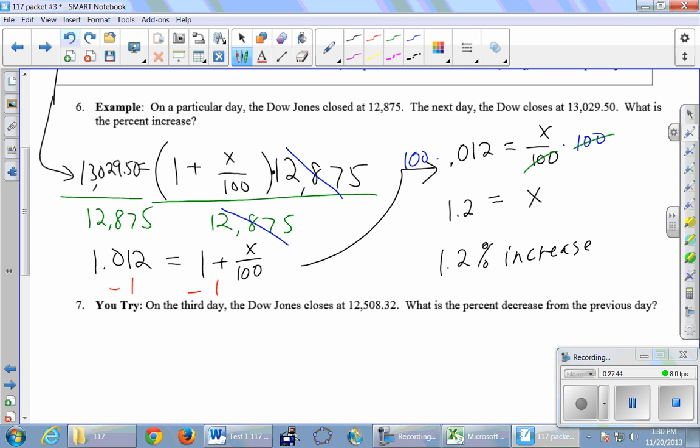So 1.2% isn't that big a deal, right? So was this a big change or not that big? How long did it take for this change to happen? 1 day. So I'll ask again, is this a big change or not that big? It's big. It increased by 1% in a day, right?